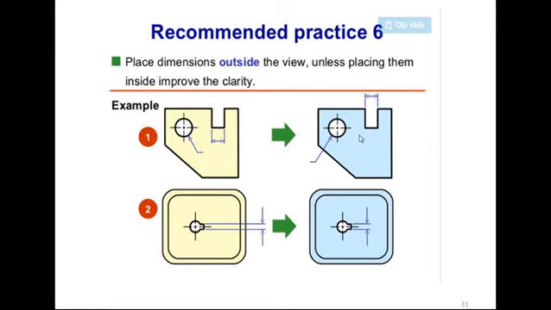So how is it wrong, how is it right? As per our standard practice, don't keep the dimension lines inside unless placing them inside improves clarity. Whatever the diameter of this one we have kept here, whatever the length of this slot we have kept here, this is the wrong method.